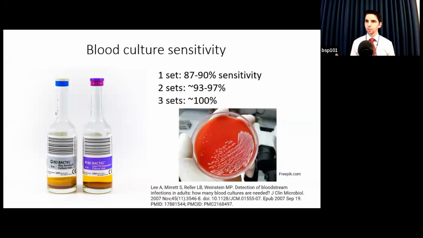But if you just get one set of blood cultures, you're going to miss one out of every 10 cases of bacteremia. With 2 sets, you raise your sensitivity to around 93 to 97%. 3 sets in most studies found every case of Staph aureus bacteremia.